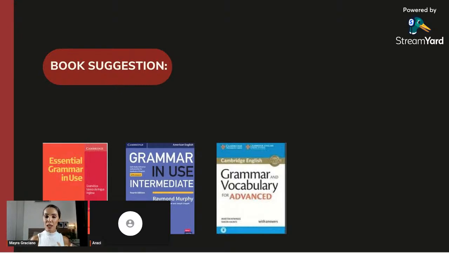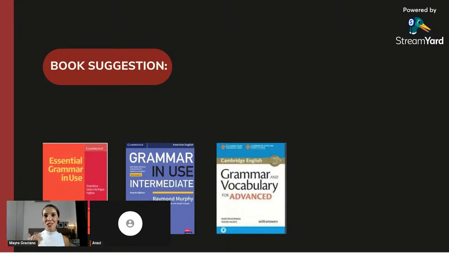Murphy is an excellent grammarian. Grammar in Use Intermediate, again Raymond Murphy. And the third one, Grammar and Vocabulary for Advanced Levels. So you have elementary, intermediate, and advanced, all levels.